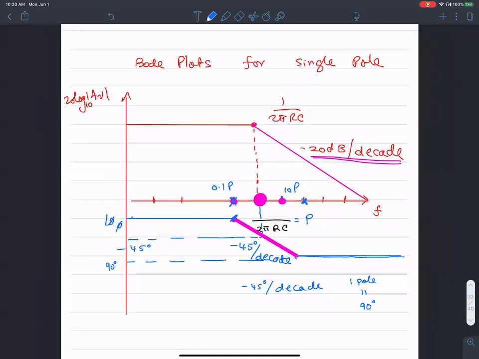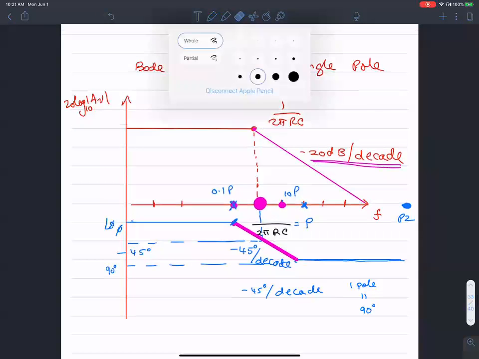The Bode plot can also tell us what happens if there is another pole over there. The assumption is that pole 2 is much farther away from pole 1, at least greater than 10 times the pole 1 frequency. Then we can see the effect of pole 2 as well.